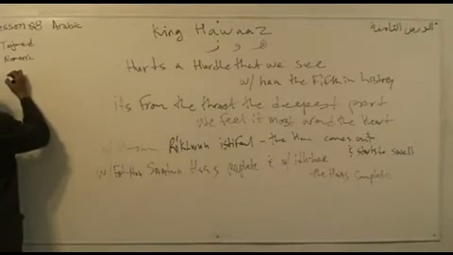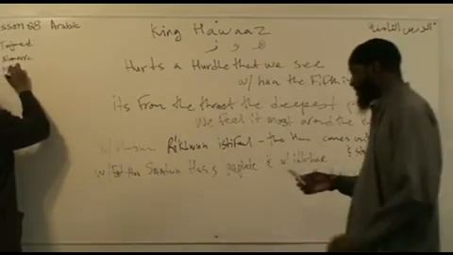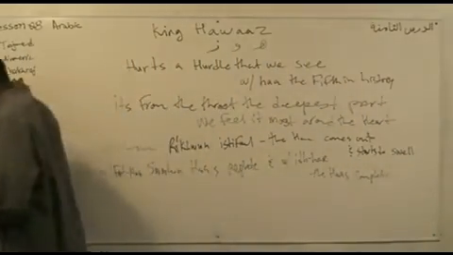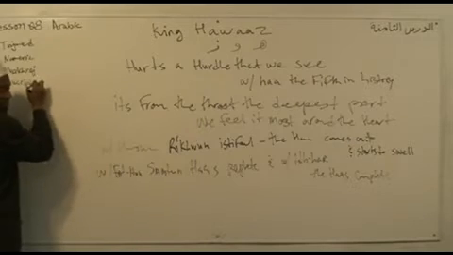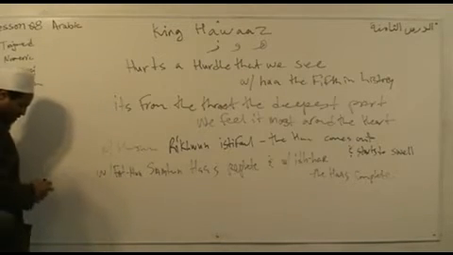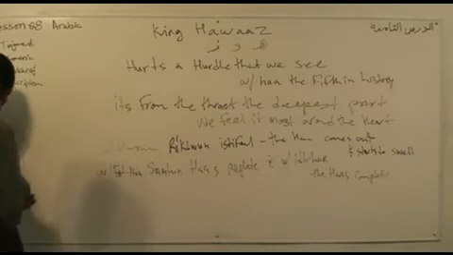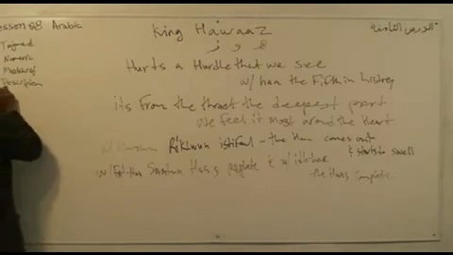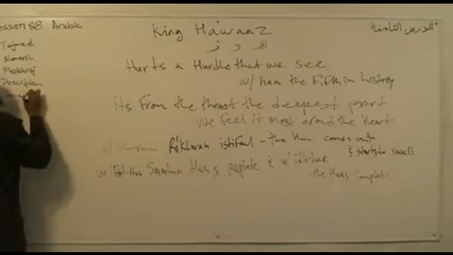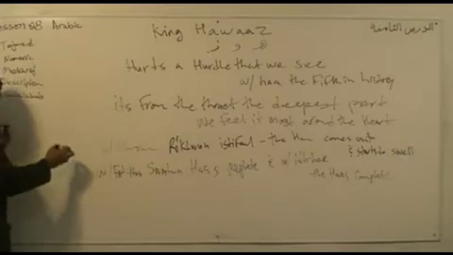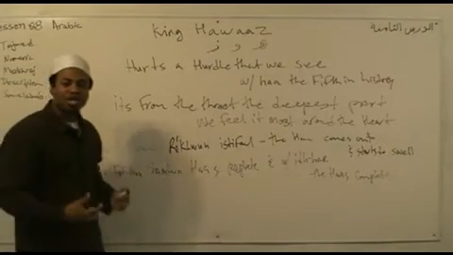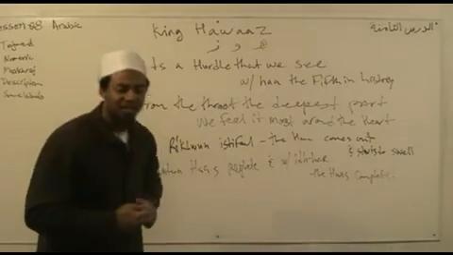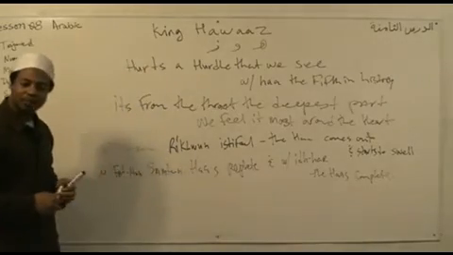The makhraj and the description. This is what we're looking for. And now we got some words that are similar, that we already know, in order to pronounce this letter correctly.